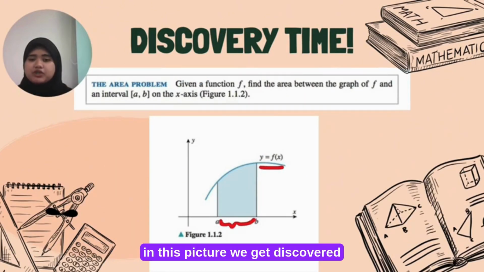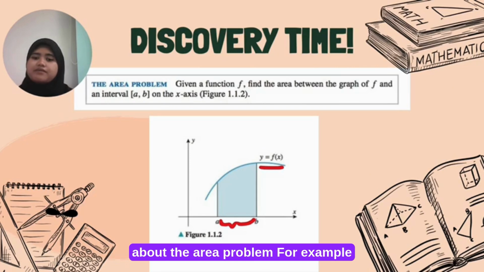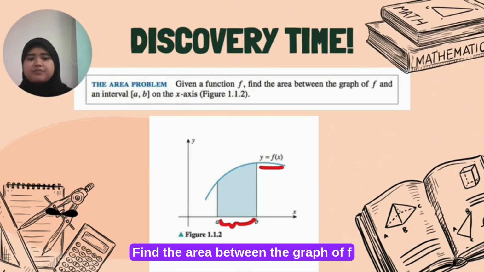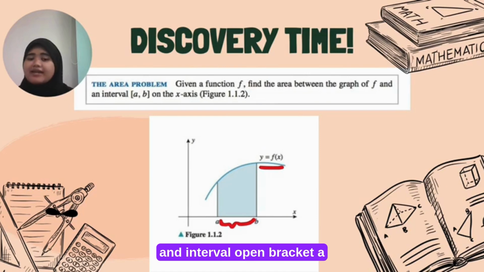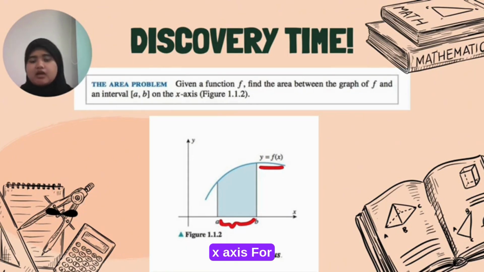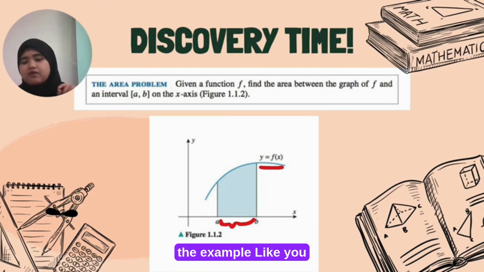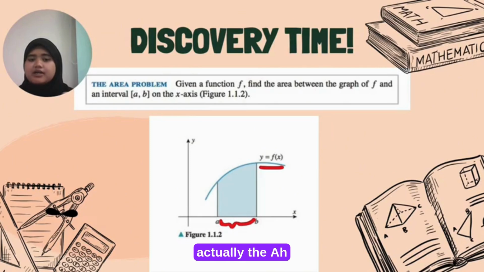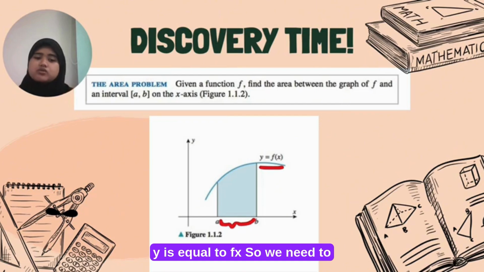Meanwhile, in this picture, we discover the area problem. For example, given a function f, find the area between the graph of f and the interval [a, b] on the x-axis. As you can see here, the blue line is the function y equals f(x).